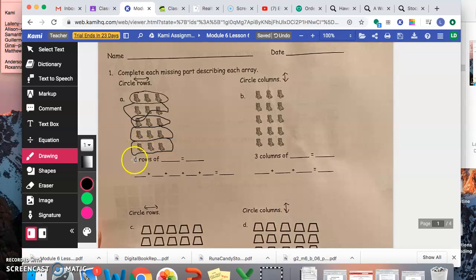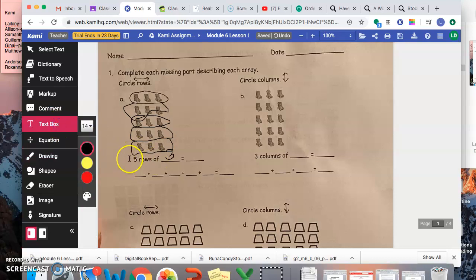So it says it here. 5 rows of blank. Okay, 5 rows of blank equals blank. So 5 rows of how many are in each row? 1, 2, 3. So I have 5 rows of 3. Okay, and again, you could use your text box for this if you wanted to.